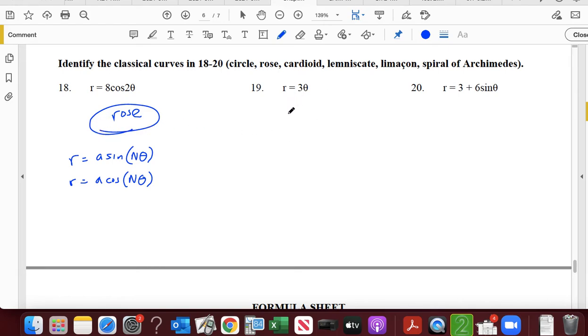Okay, r equals 3 theta. When you've got r equals theta, or r equals some multiple of theta, that's our spiral of Archimedes.